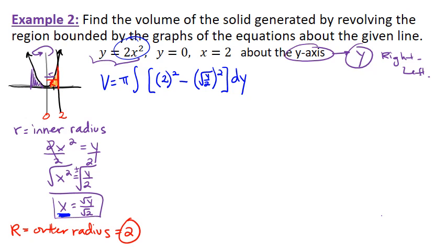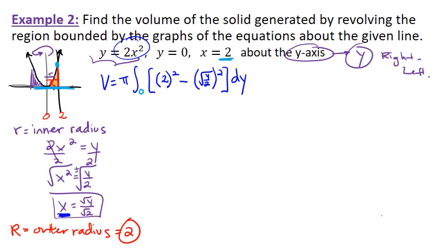Now I need to identify my limits of integration. My limits of integration are going to be from here, because everything's in terms of y, which is 0, to here. And I need to find what that value is. Well, remember, that is the intersection of these two functions.